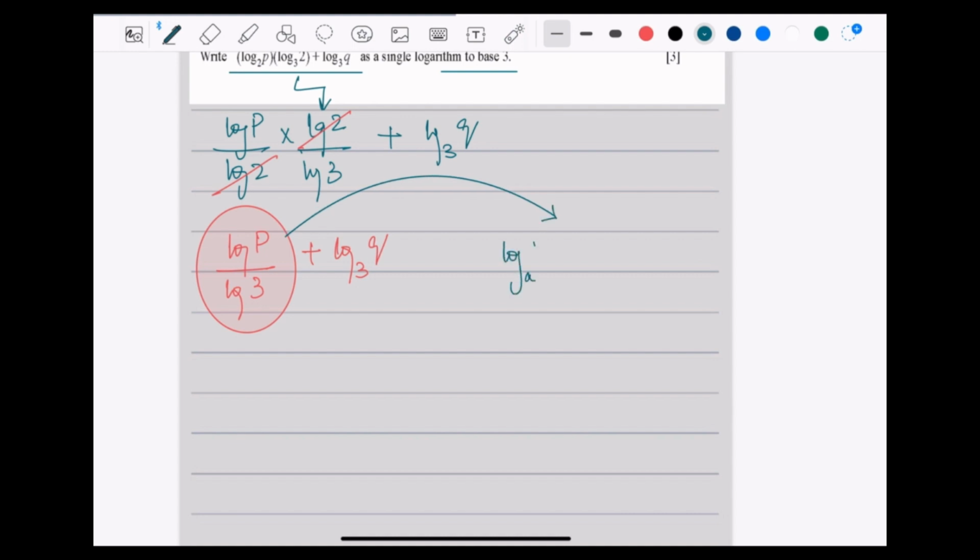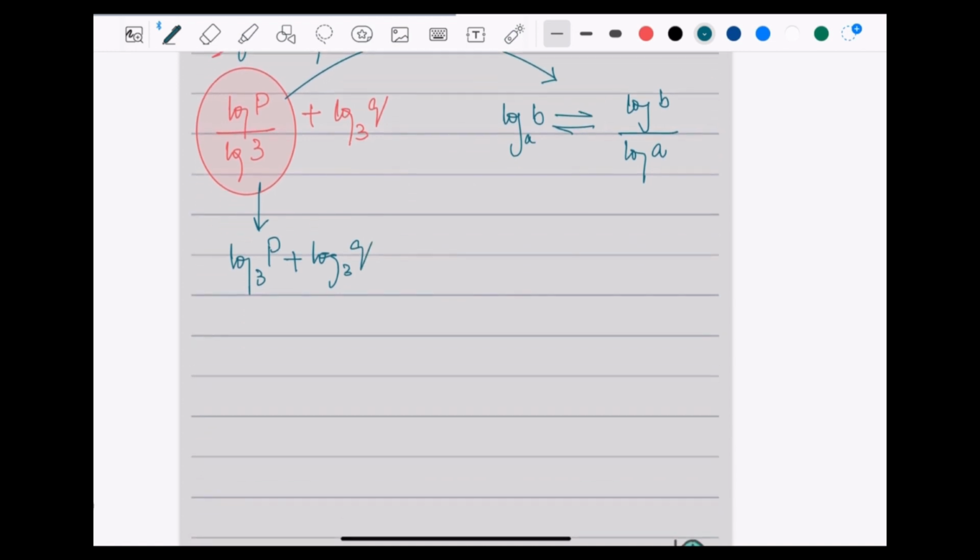As you know, log a of b is the same as log b over log a. And I can write this as log 3 of p plus log 3 of q. Now, since they are adding up, it becomes log 3 of pq. I use the product rule where log a of x plus log a of y can also be written as log a of x times y.